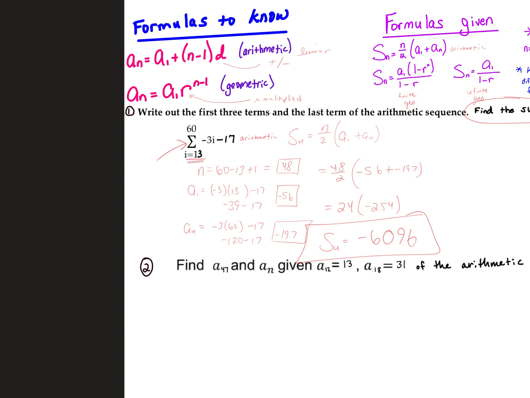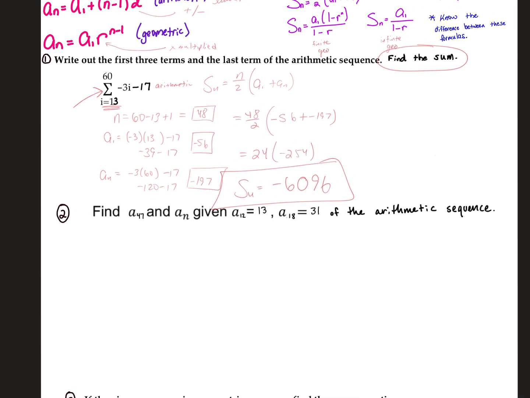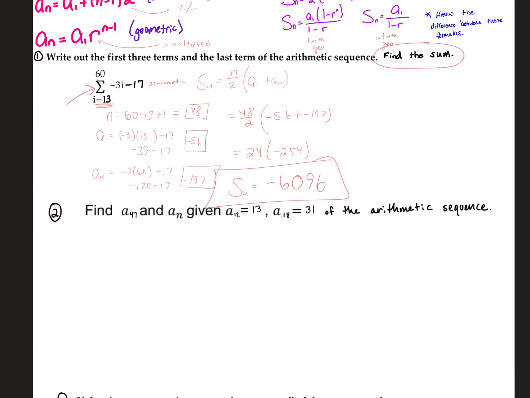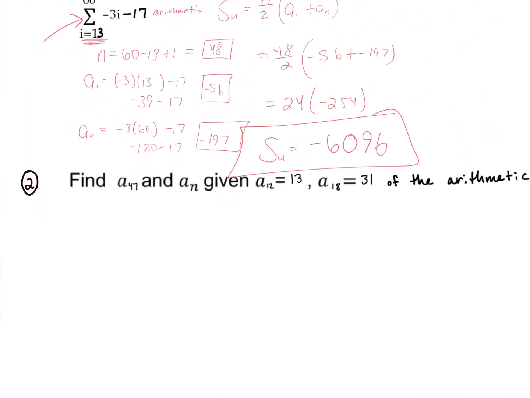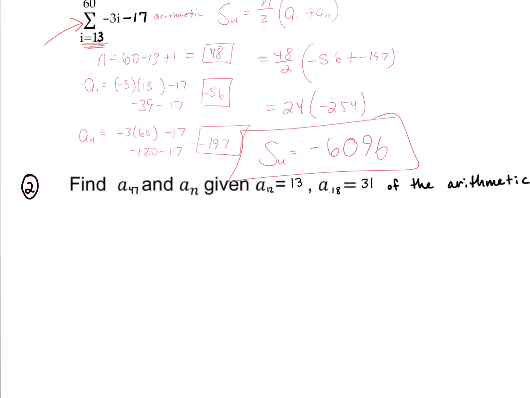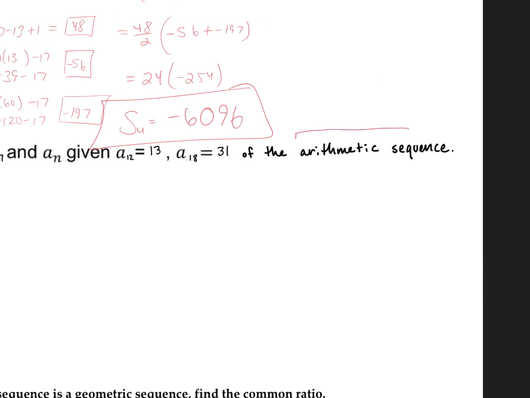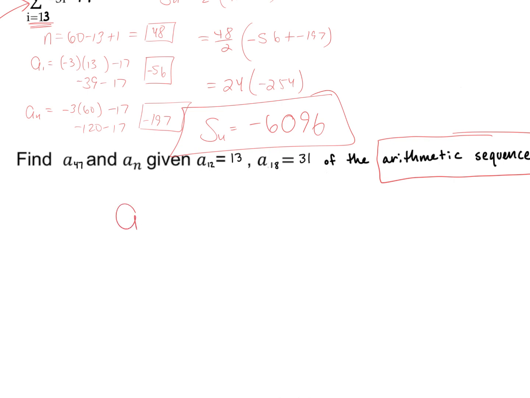All right, so this next question. Find a sub n, right? A 47 and a sub n given this information. What did they tell you that is important? It's an arithmetic. That means I'm using this formula.